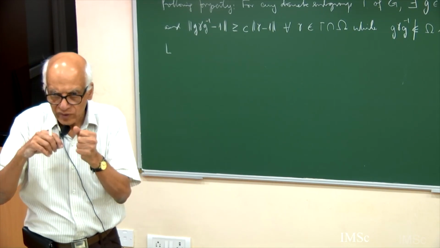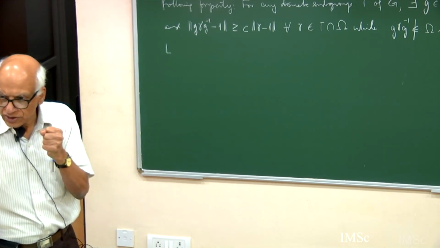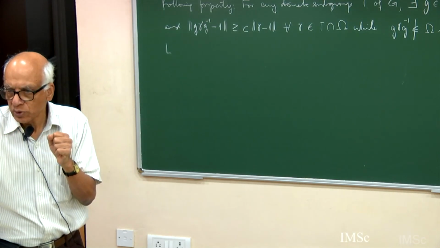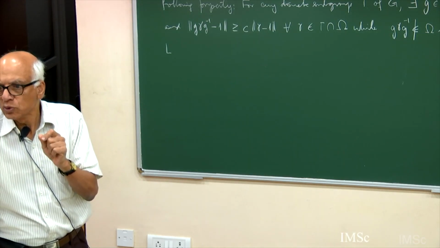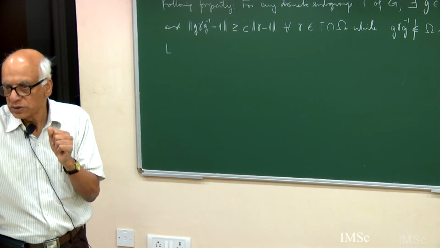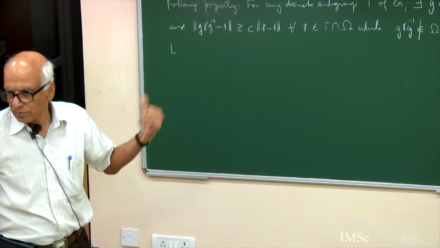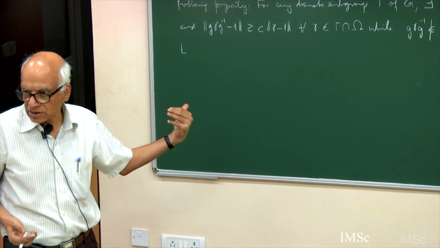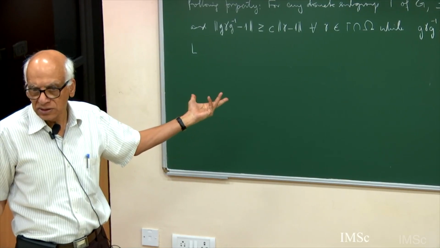If you would have gamma u meets u again, so gamma u will be equal to u prime, which means gamma will be equal to u prime u inverse. So, it will be in u inverse u, but u inverse u is in omega and gamma does not meet it, after conjugation this does not meet omega.